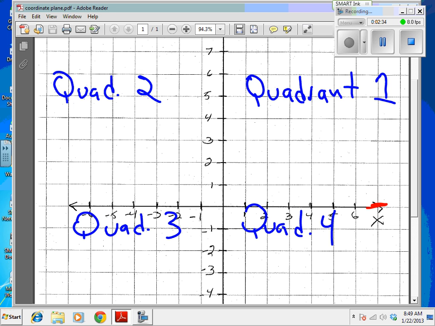All right? Okay. We talk about numbers in the coordinate plane in what are called ordered pairs.